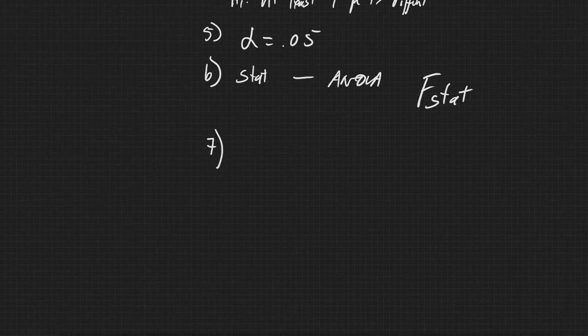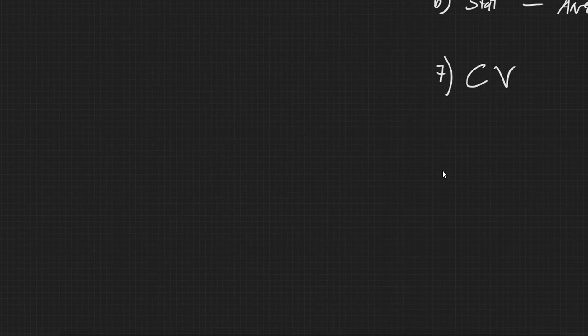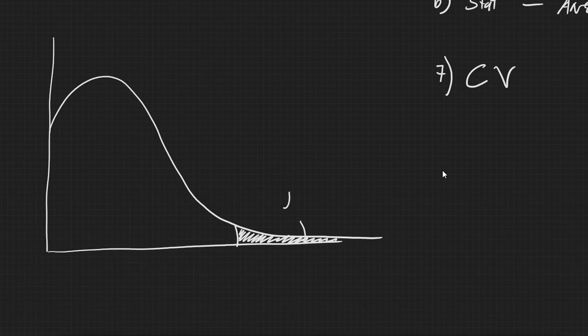And then we get to step 7, and now we start with the good stuff. At step 7, we have to determine the critical value. When we do the critical value, it's often a good time to get a little bit more formal with our drawing. When in doubt, draw it out. So we have a distribution that looks kind of like this. This is just for the ANOVAs. And the area under the curve to the right is equal to 0.05.